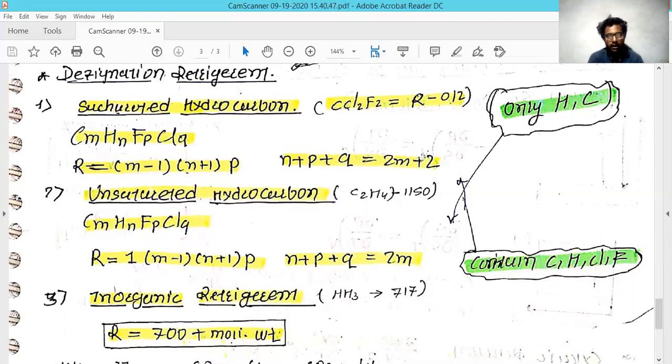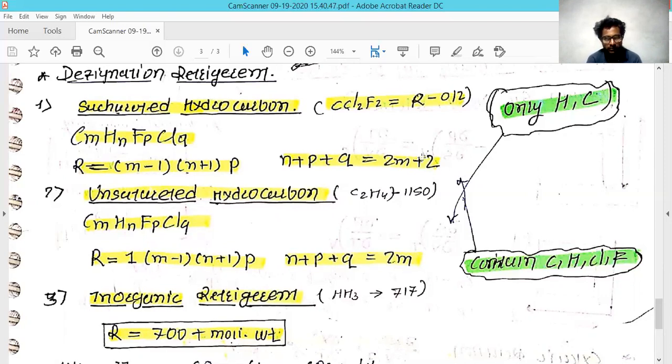So if you take the above example, the carbon present in this formula is one carbon. If you put the M value as 1, it becomes 0.